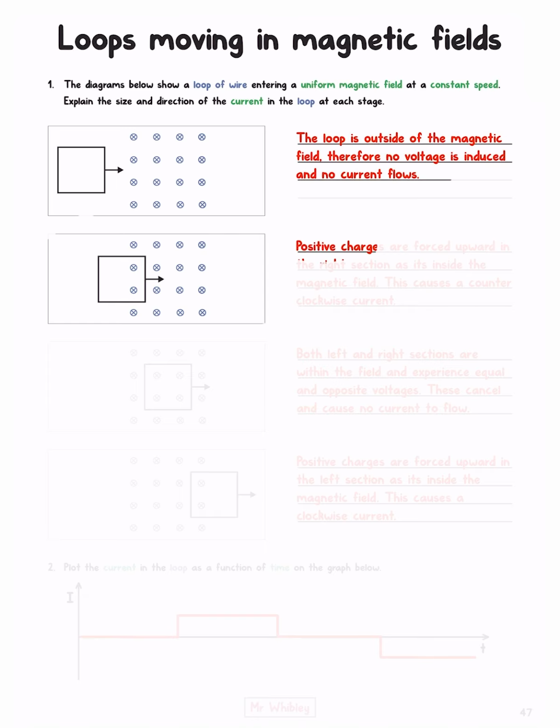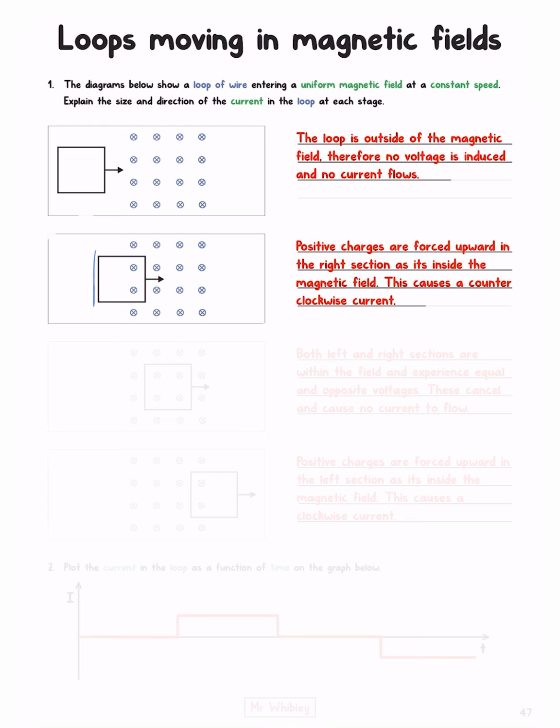And so positive charges are forced upwards in the right section as it's inside the magnetic field. This causes a counterclockwise current. And so this section is in the magnetic field, and so it contributes to the effect. We get positive charges being forced upwards, which creates a counterclockwise current.